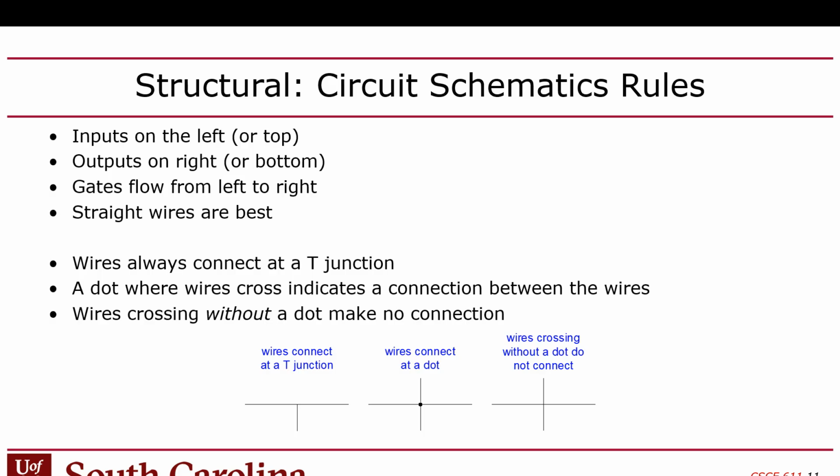If they're shorted, in other words, if these wires are supposed to be connected, you generally will see a dot there. But if there's no dot, you can assume that they're not connected. They just cross each other, but they're not connected. However, if there's a T-junction like this, that definitely means they're connected even without the dot. Because why else would you have that T if they weren't intended to be connected?